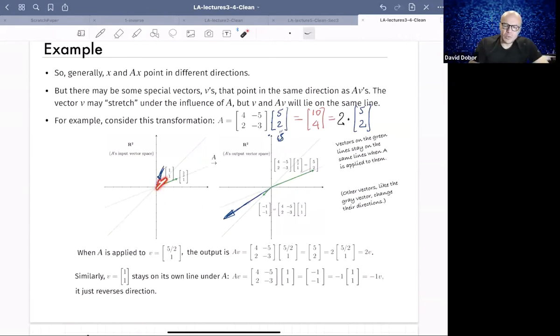This means that these 2 green vectors can form a basis in R2. That means that any other vector on the plane can be represented as some linear combination of these 2 green vectors. When that happens, I can use these 2 basis vectors to compute the effect of applying any power of A to any vector in this 2-dimensional space. And that's where the usefulness of eigenvectors and eigenvalues kicks in.